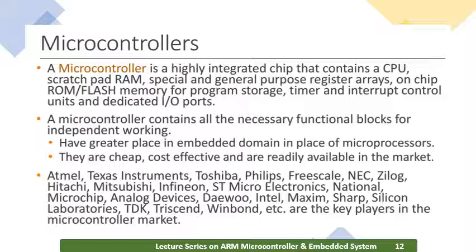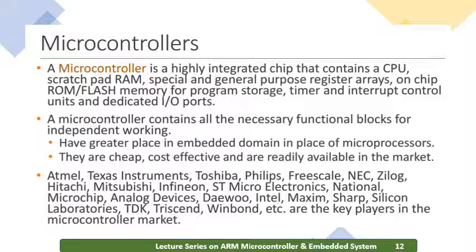Okay. A microcontroller is a highly integrated chip that contains a CPU, scratchpad RAM, special and general purpose registers, on-chip ROM, flash memory for program storage, timer and interrupt control for synchronization, and dedicated ports. All this will be there in the microcontroller.